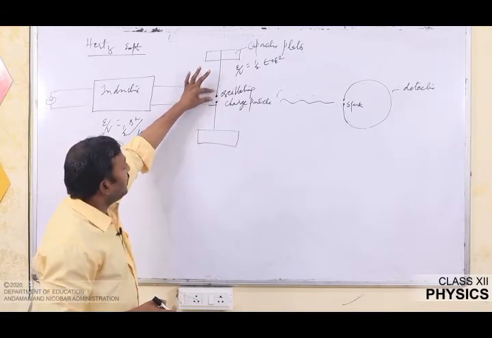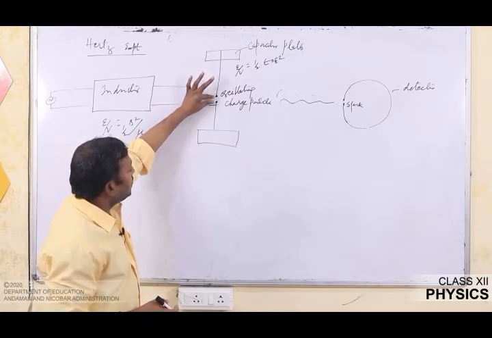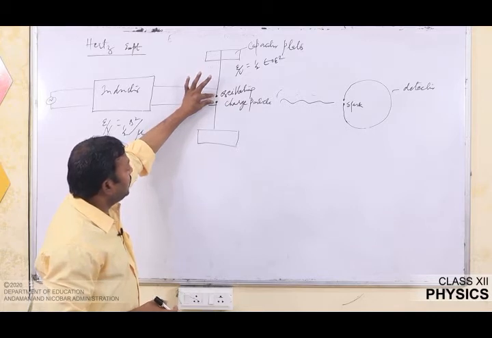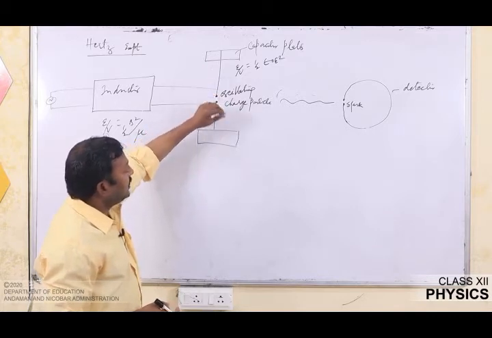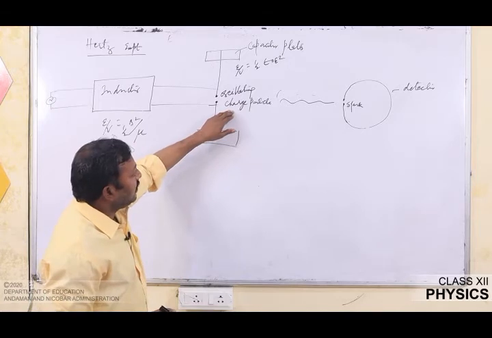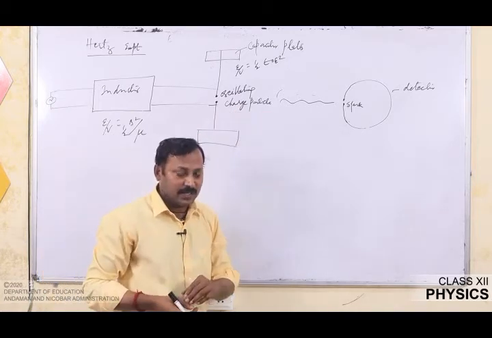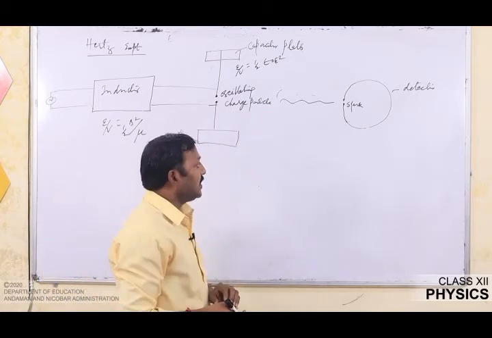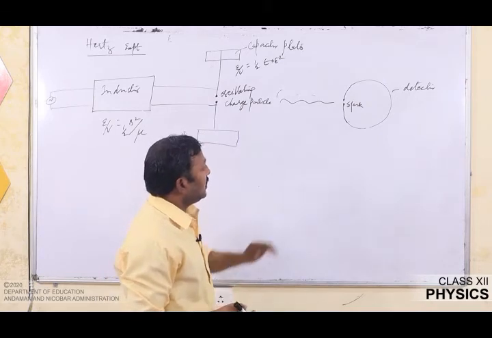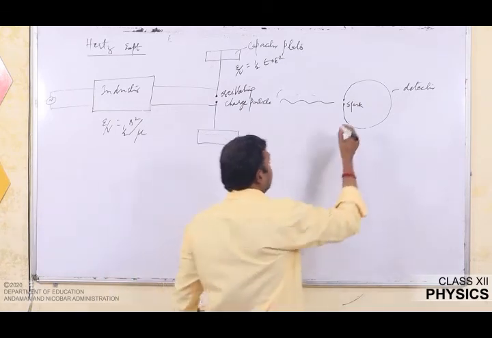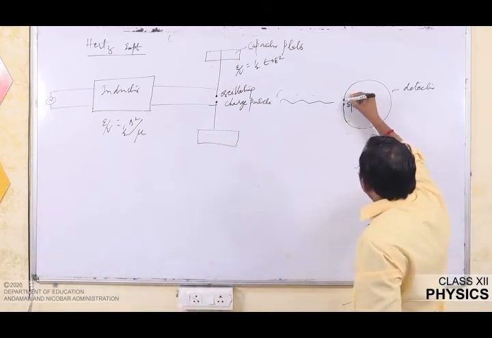The gap between the capacitor endpoints can be adjusted by using spheres, and then these electromagnetic waves are received by a detector. A detector is placed at some distance, and the detector contains 2 terminals.